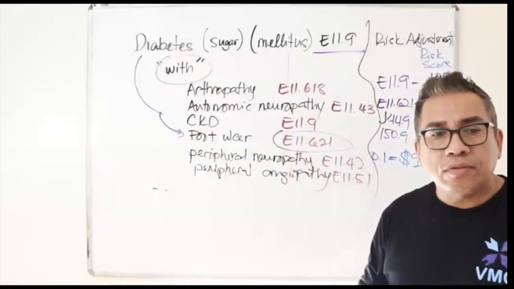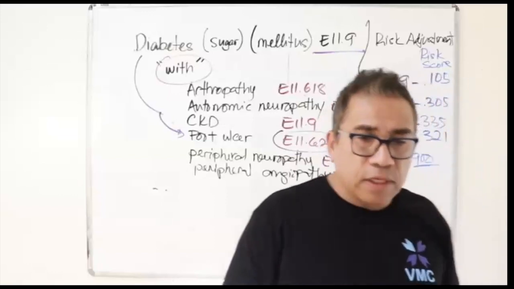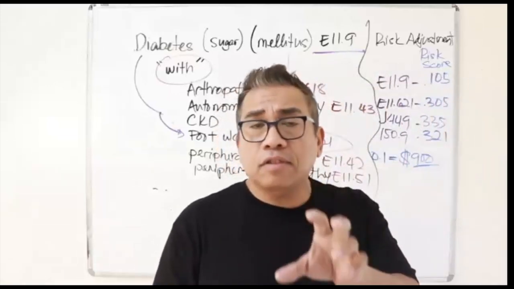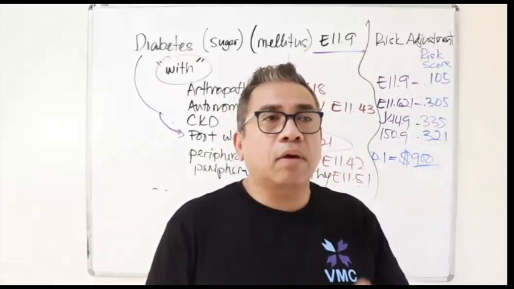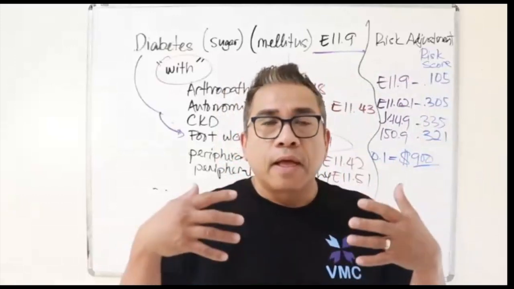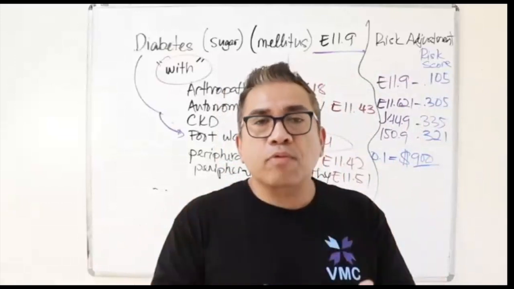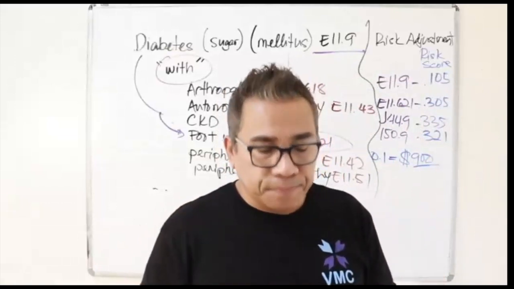They need a coder who is very knowledgeable in the coding guidelines, because the coding guidelines are not just there to mandate, but also to provide the proper reimbursement for all these medical practices.